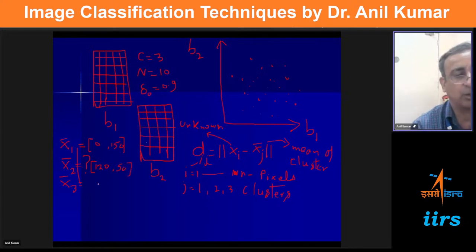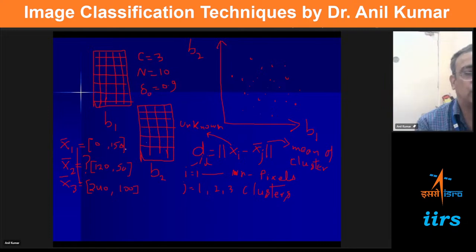Any value I can assume because it is an assumption, right? In the night you have assumed it is a snake. Somebody can assume something else, but in the daytime you see it is only a rope. So you can assume anything here. You are free to do that. Suppose it is 240 and 100. So now your mean value is known to you, which was an assumed value, no problem, but it is known.